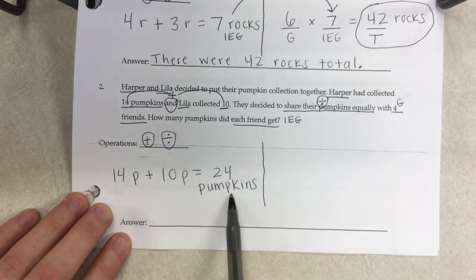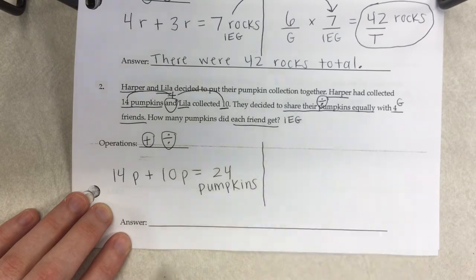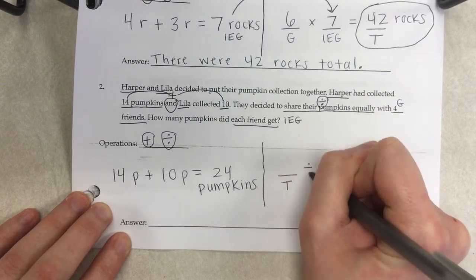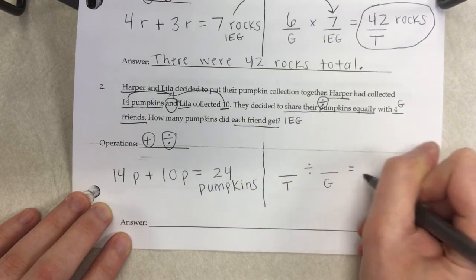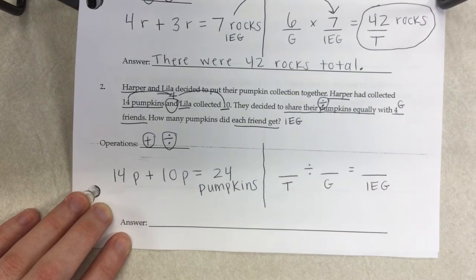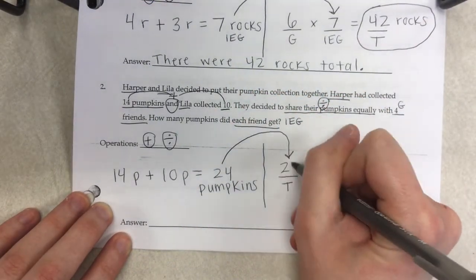I do not circle this because that's just how many pumpkins I have total. I need to find out how many pumpkins each friend gets after we divide them. So a division problem is set up total divided by groups equals in each group. My total number of pumpkins is what I just saw by adding all those pumpkins together, 24.